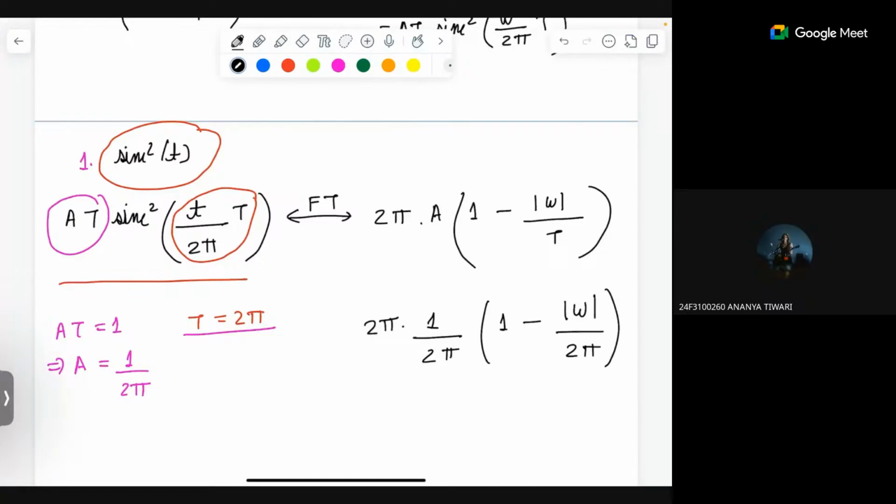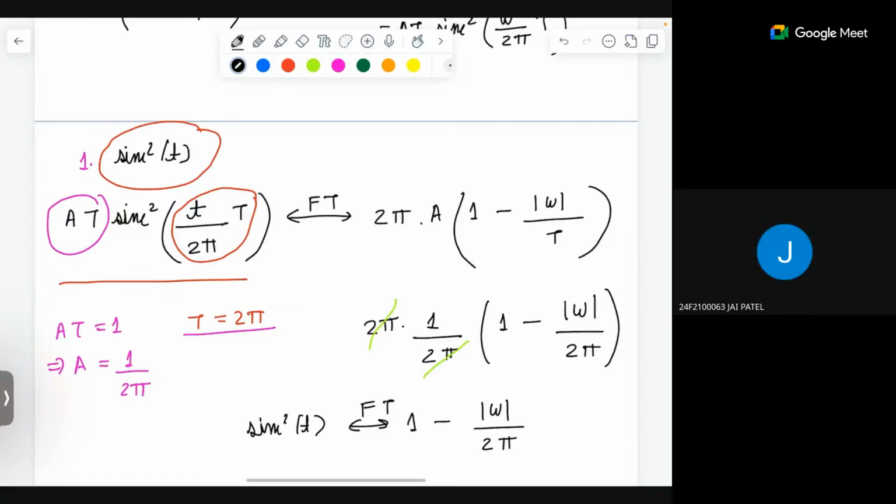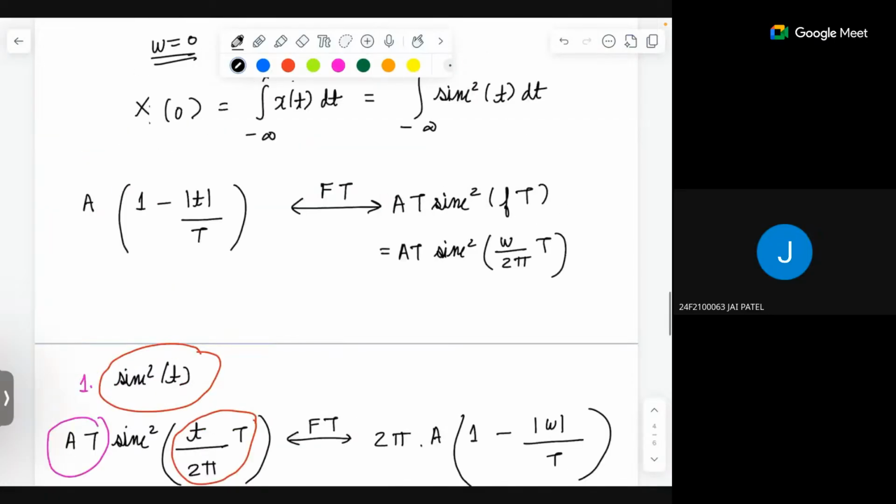This and this cancel. I have 1 minus mod omega by 2 pi as the Fourier transform of sinc square t. Is this clear? Okay, so now I have the Fourier transform of this.